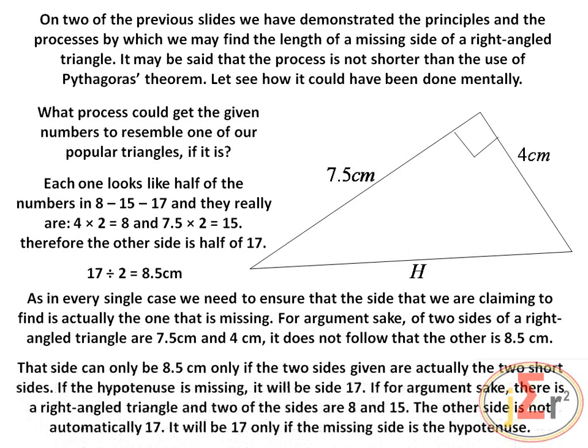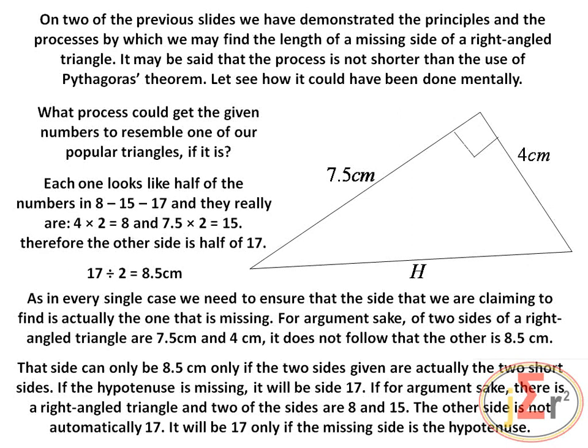Right, so if it is the hypotenuse that is missing, we can come to that conclusion. The side can only be 8.5 centimeters if the 2 sides given are actually the 2 short sides, right? As we have them right there. If the hypotenuse is missing, it will be 17.